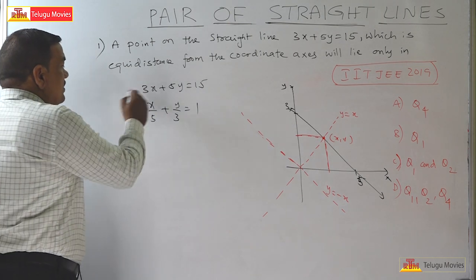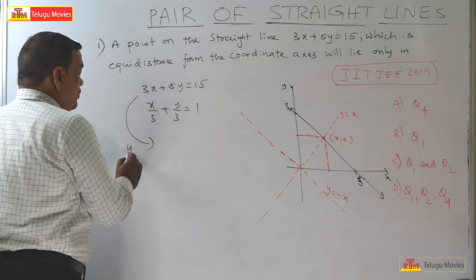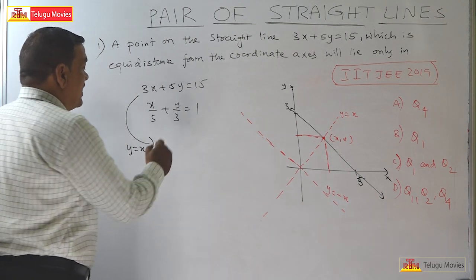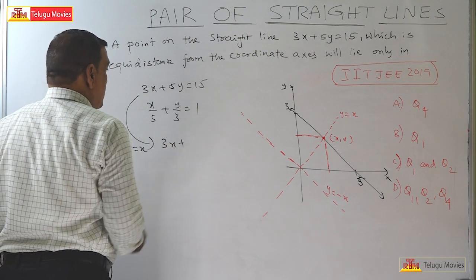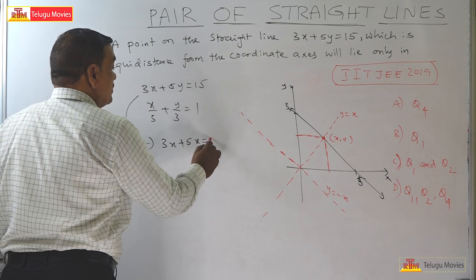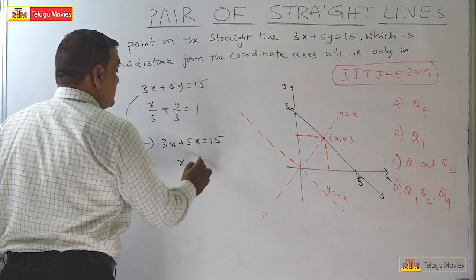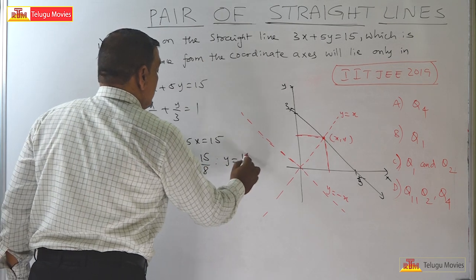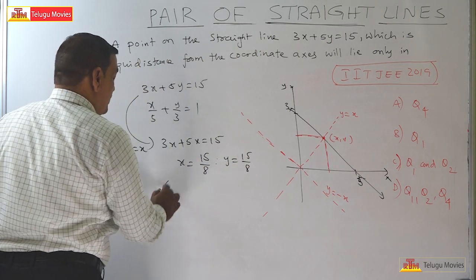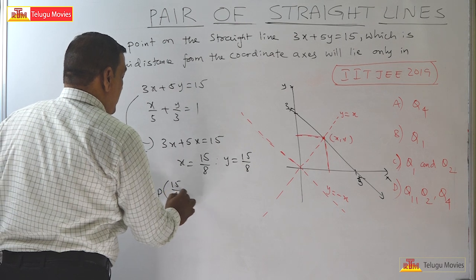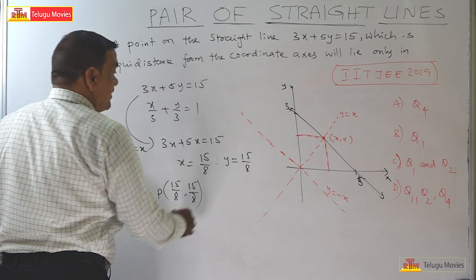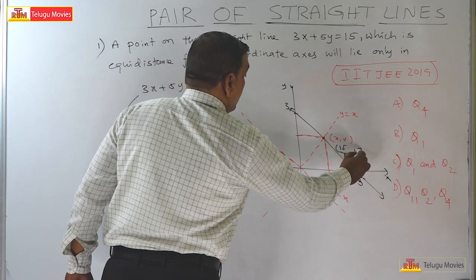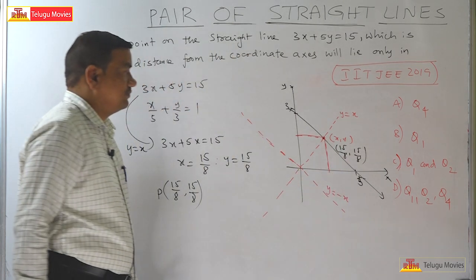So in the equation, put y = x and substitute. We get 3x + 5x = 15, so x = 15/8. Therefore y is also 15/8, and your point is (15/8, 15/8). This is one such point.